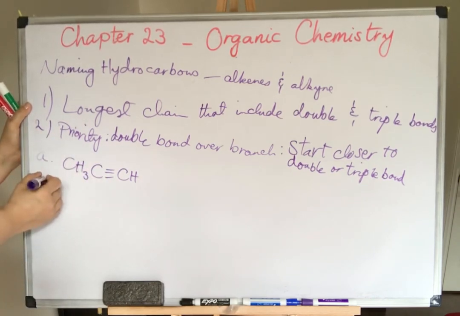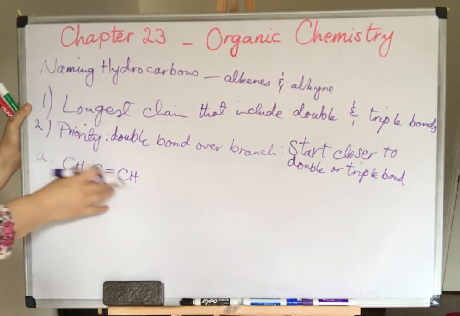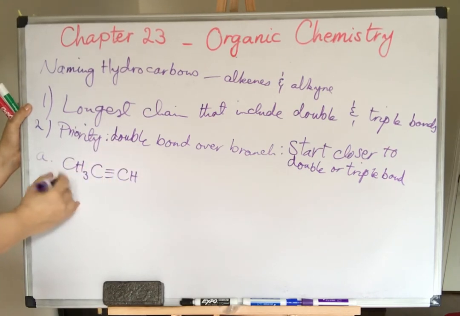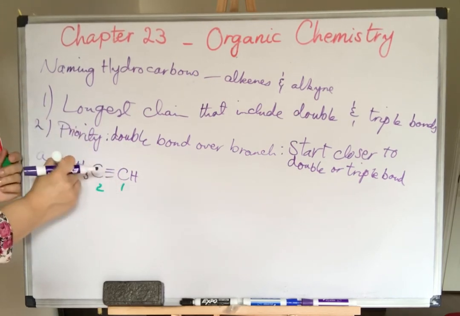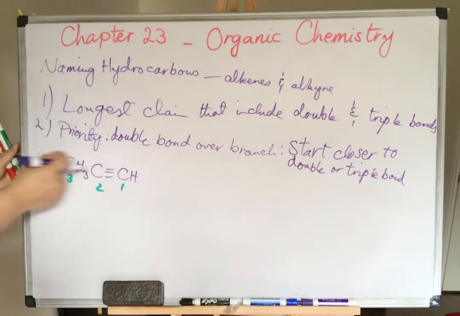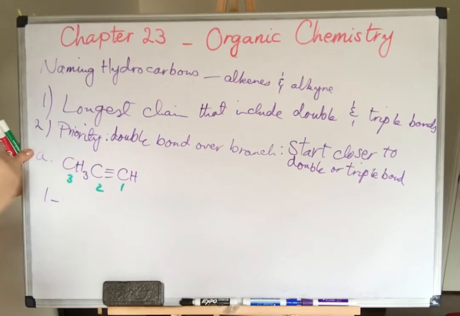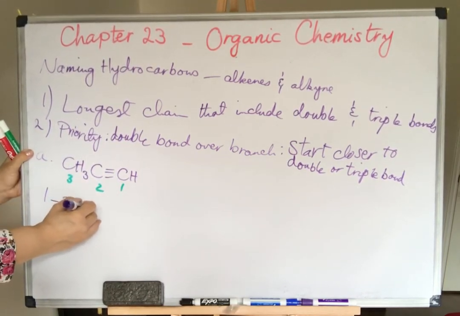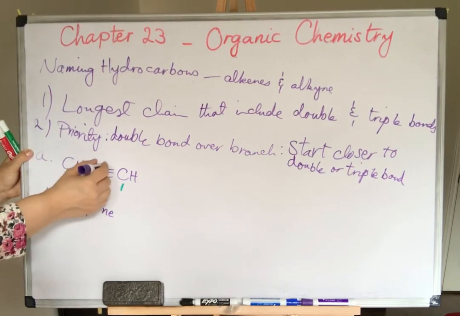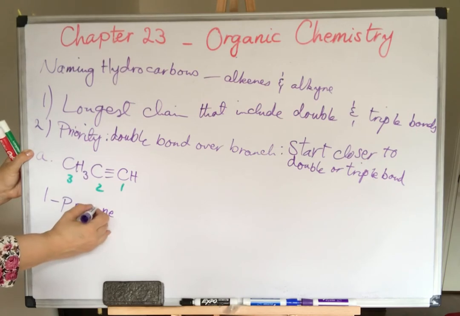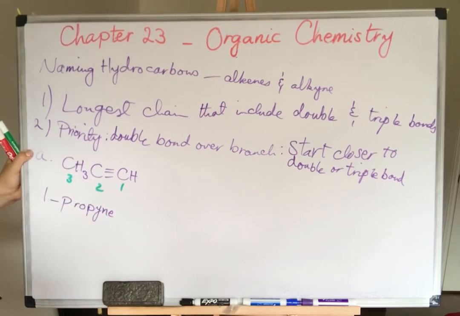So you have the location of the triple bond. Even if you don't mention it here, it's okay because you don't have that many choices, but that's fine since it is mentioned on your PowerPoint slides. Where is the location of the triple bond? Exactly the same. Longest chain, it's very simple, so it's 1. If it was an alkane, you would have called it propane. But this is an alkyne because of the triple bond, so it's propyne, Y-N-E.